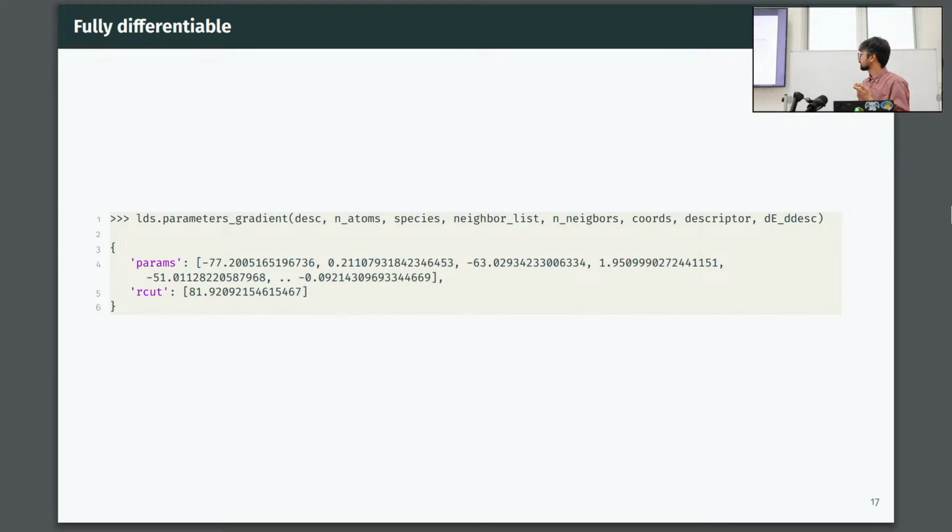It's really useful if you are doing uncertainty analysis or sensitivity analysis, because till now, not that many people have done that kind of work with descriptors. They just take a descriptor, see that it follows these symmetries, and they're done with it. But now we are working on a more thorough analysis of all of these descriptors to see which particular parameter really matters, which particular parameter you should really tune.